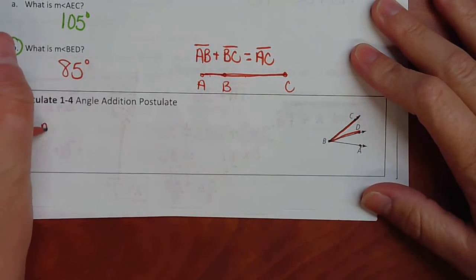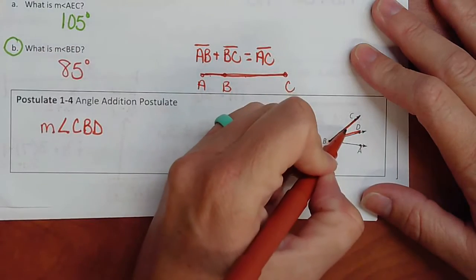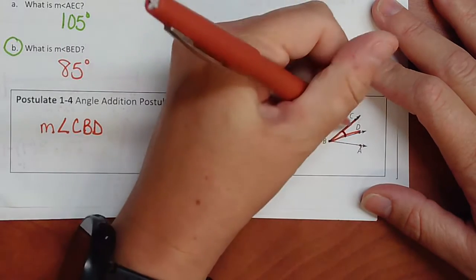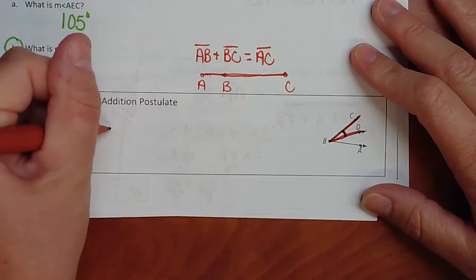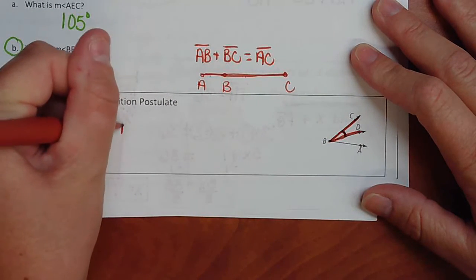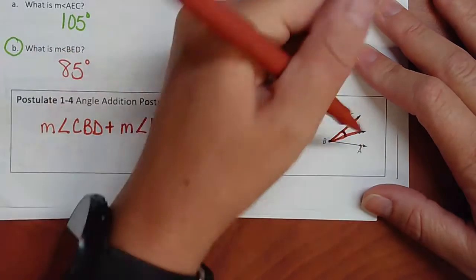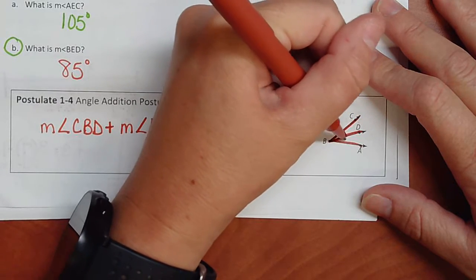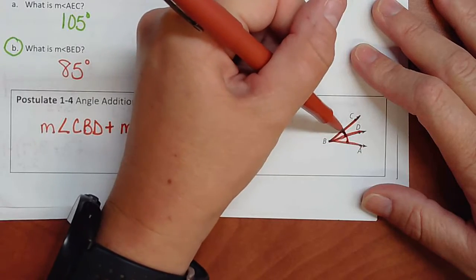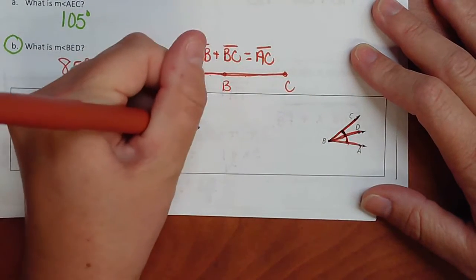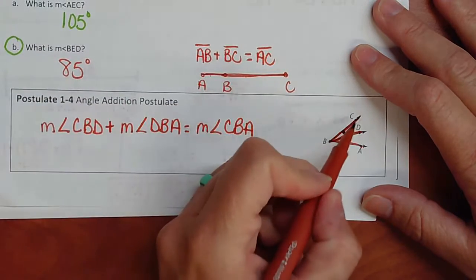If you take the degree measure of angle CBD, this angle right here, from C to B to D, and add it to the degree measure of angle DBA, this angle right here, combining these 2 angles gives you the degree measure of angle CBA.